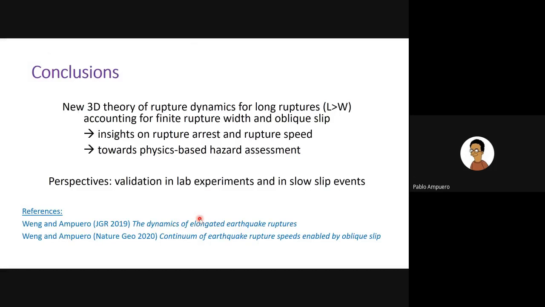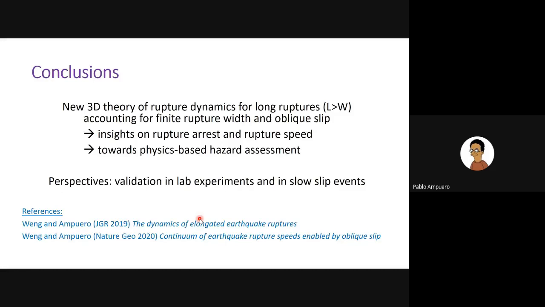And this helps us gain insights on rupture arrest, on rupture speed, and it gives a tool, a framework, for physics-based hazard assessment. There's still a long way to go to convert this into a practical hazard assessment tool, right? But I think we've made a good breakthrough here.